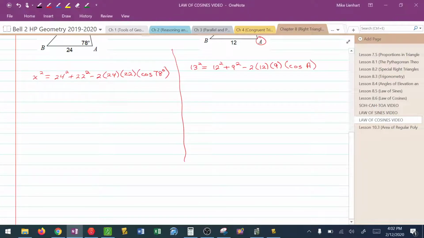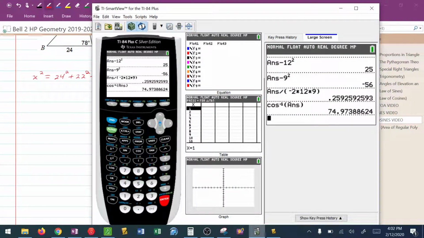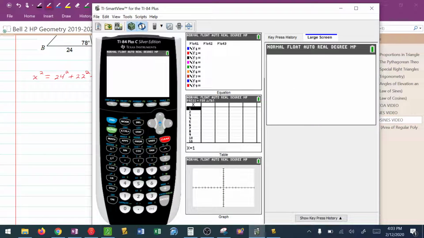In the first scenario, I have to find X, which means this whole right side, I simply need to change into a number. All right, I'm going to have my calculator help me do all that work.